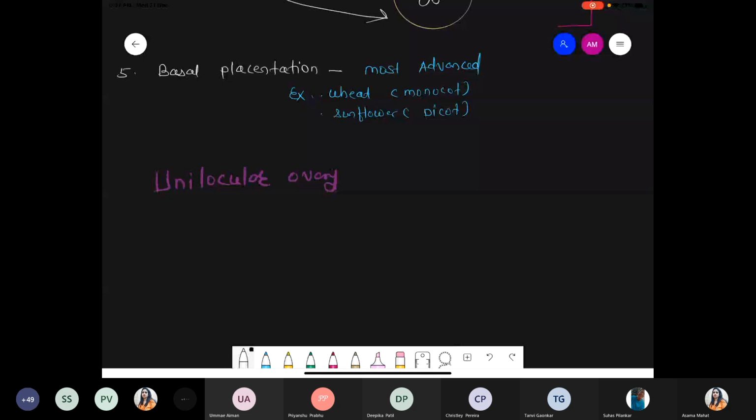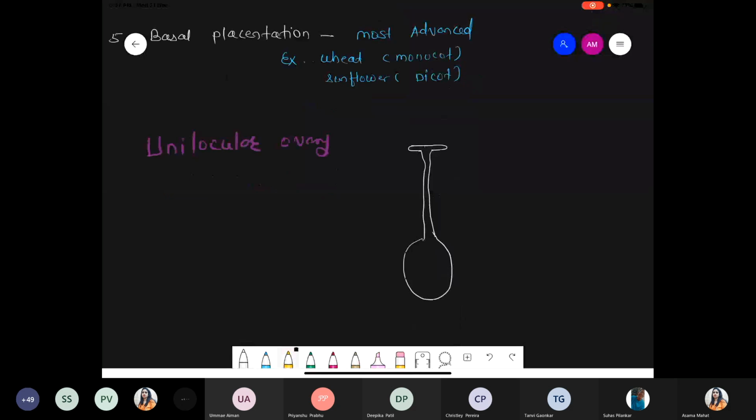We draw the entire structure. Okay, stigma, style, and the base, that is the ovary. Now basal means that the placenta is present at the base. The mustard color we represent as the placenta, and on the placenta there is an arrangement of ovule. So this one is the ovule.